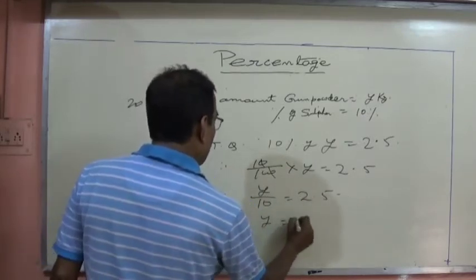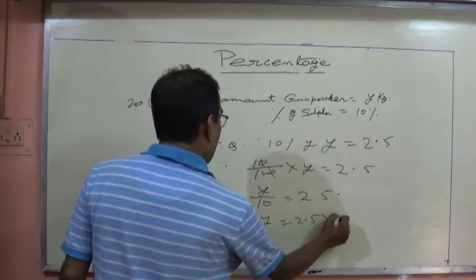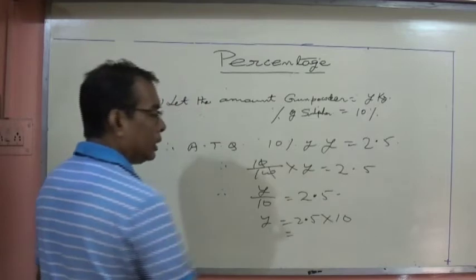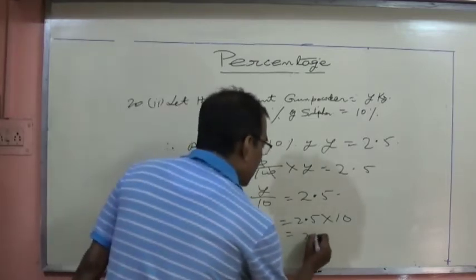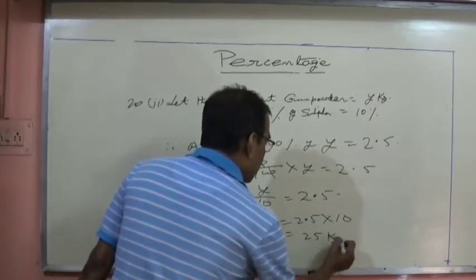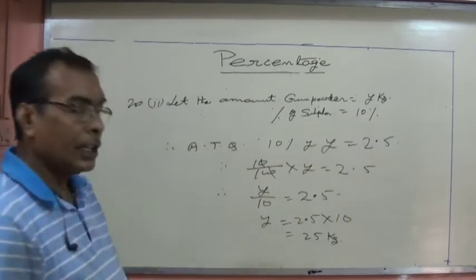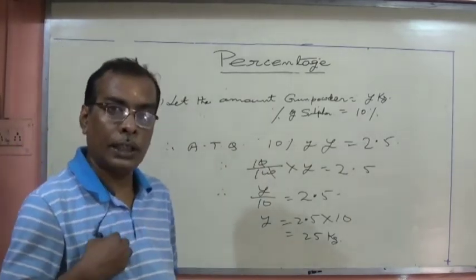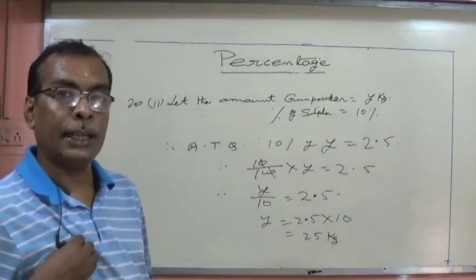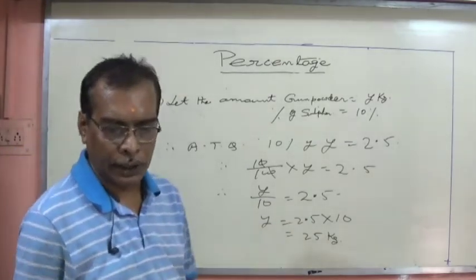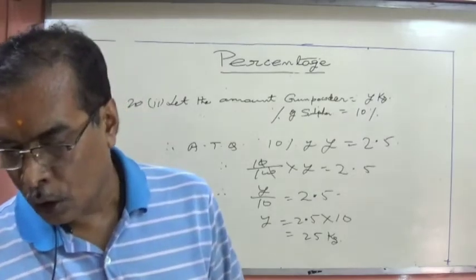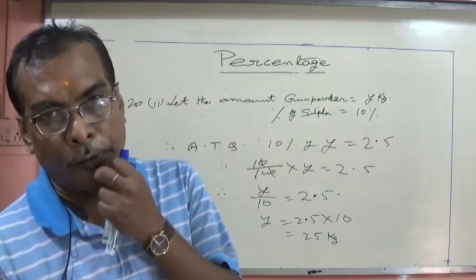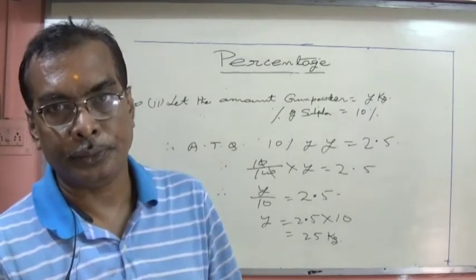So Y is equal to 2.5 into 10, which comes as 25 kg. In the second case, the total amount of gunpowder you have to take is 25 kg, and then you will find 10% comes as 2.5 kg. So these are the two answers: one answer is 12 kg, another is 25 kg. I think it is clear.